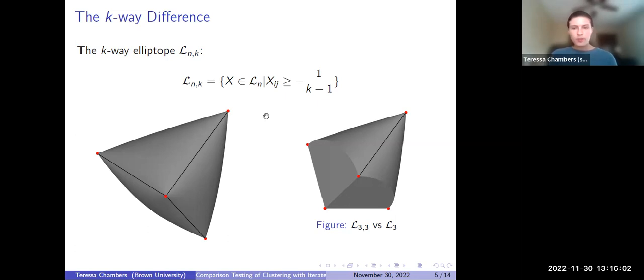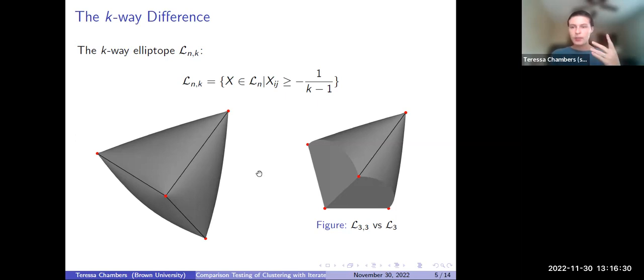So if we look back at the original elliptope, remember I said that was pretty much identical to the case of k equals 2. So one vertex would represent the partition where you put all 3 items in a single group. And then the other 3 vertices represent the ways that you can put 3 points into 2 different groups.